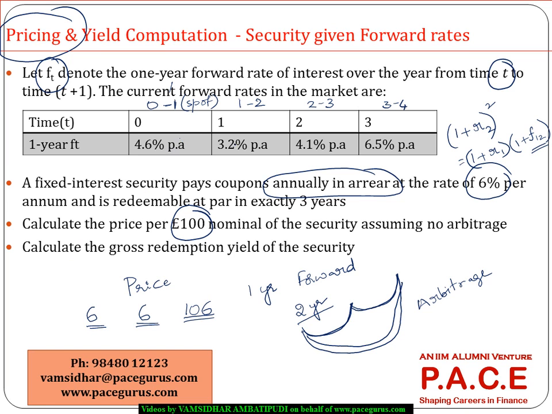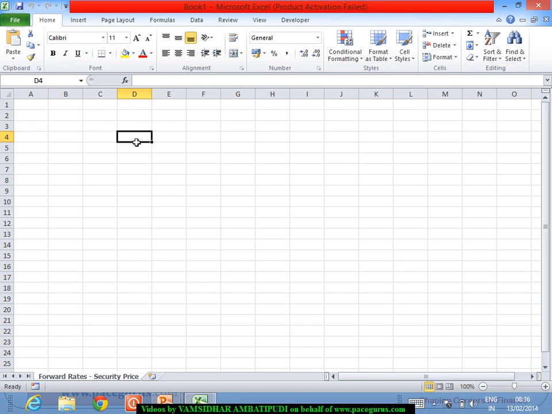Now that we have forward rates, we can find out the spot rates for each of the periods. We take 0 to 1, 1 to 2, 2 to 3, and 3 to 4 forward rates.